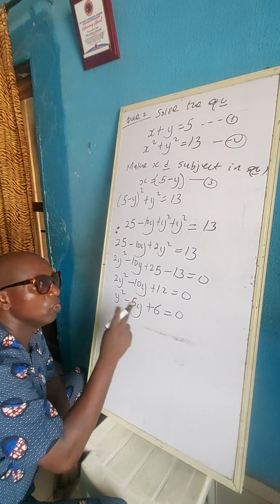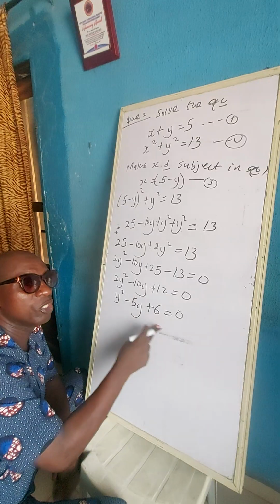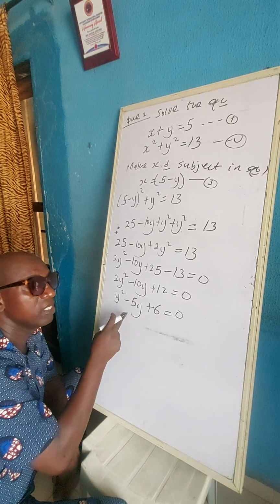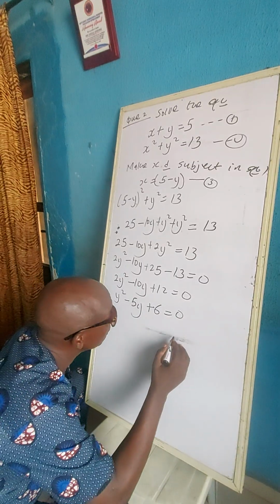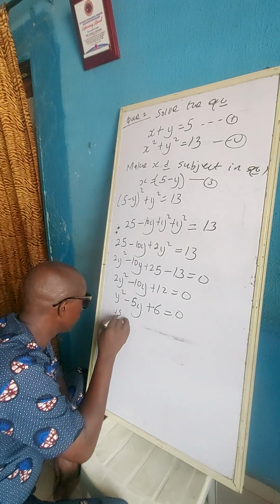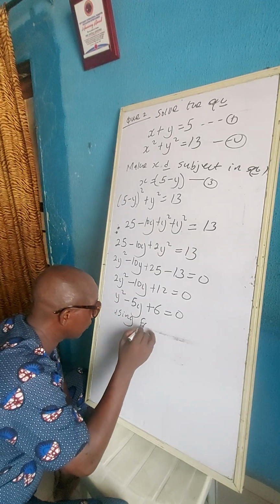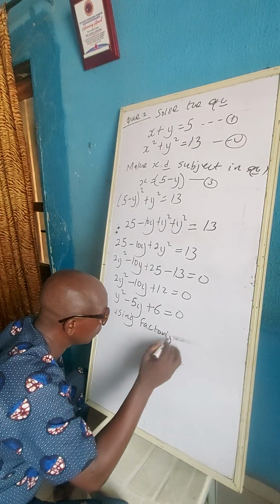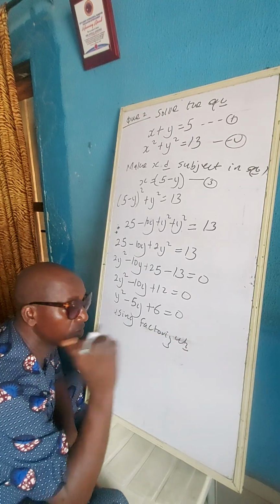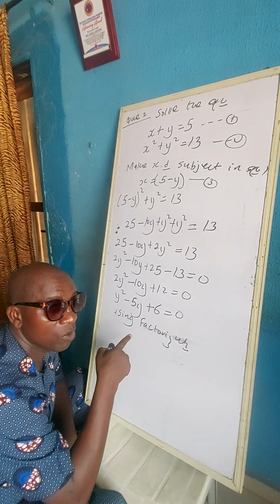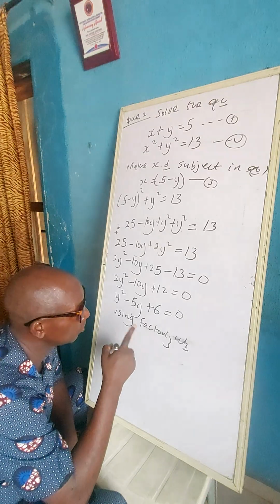That means if you didn't know quadratic equations, you would not be able to solve this. Using the factorization method, if you didn't know it, go to my previous page where I did quadratic equations, and you'll be able to know it.